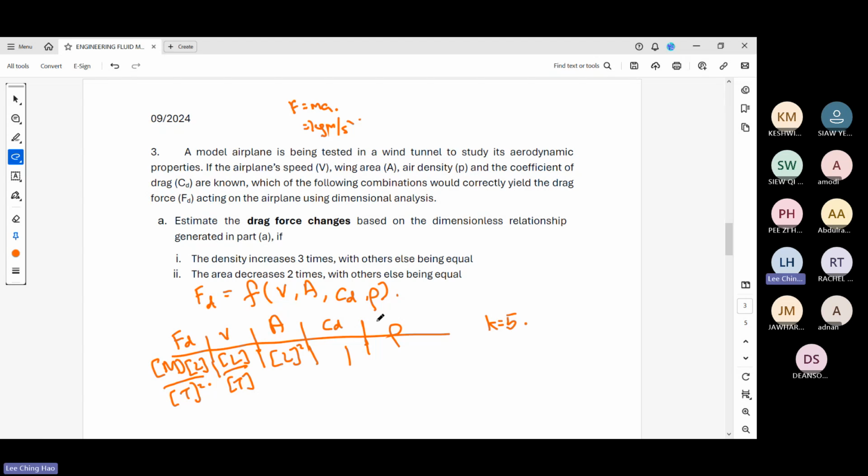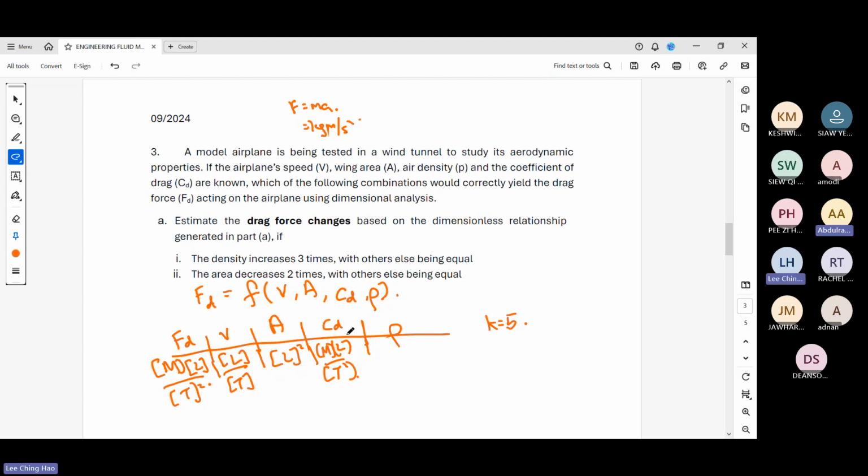Drag coefficient. ML over T squared, the same as drag force?